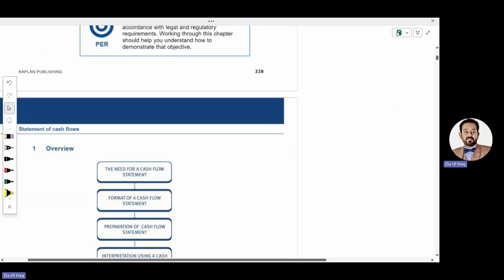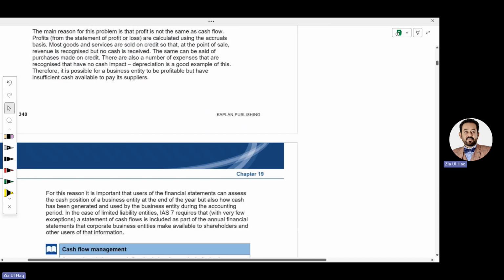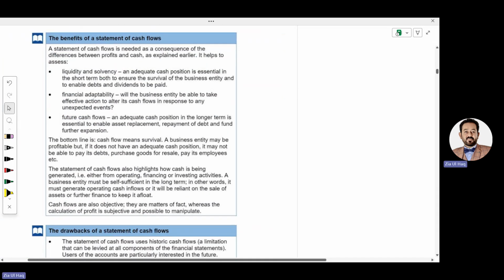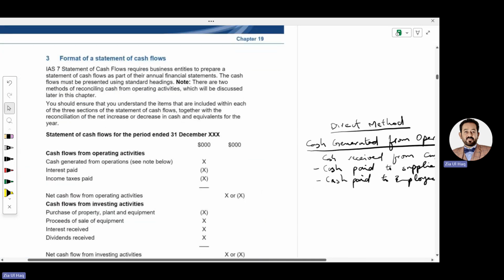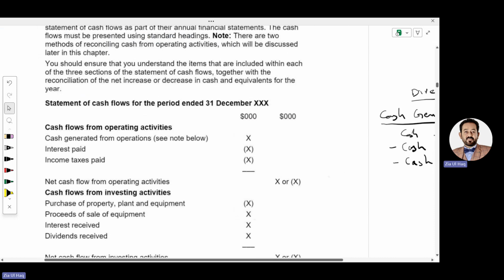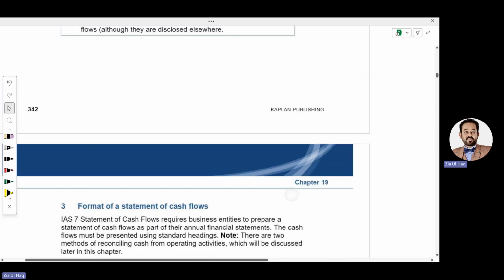How to prepare statement of cash flow? There are 2 methods of preparing statement of cash flow. One is called the direct method and the other is called the indirect method.